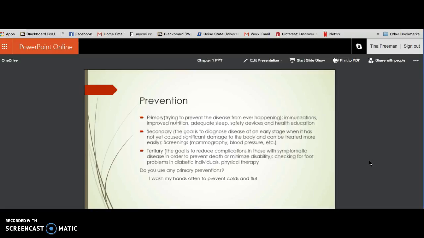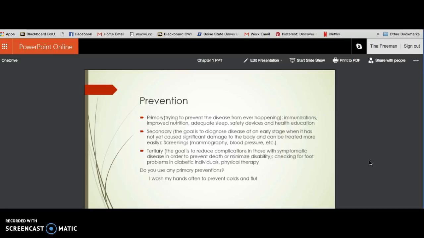Then we have the tertiary preventions, which aim to reduce the complications in those with symptomatic disease in order to prevent death or physical disability. One of the things that I think is a really good example as a tertiary prevention is checking for foot problems in diabetic individuals.